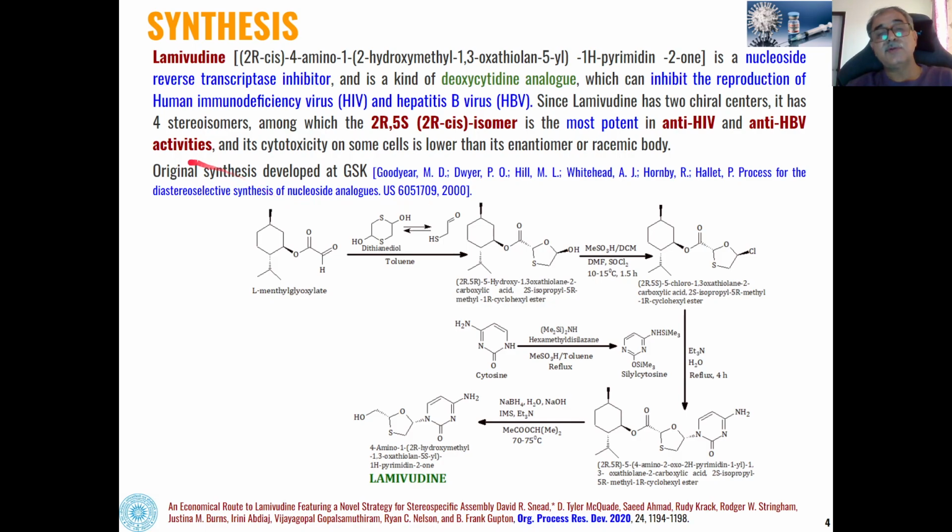As far as the original synthesis of lamivudine is concerned, this was developed at GSK Laboratories, and a patent was filed in 2000 by Goodyear et al. What they used as substrate is this compound, L-methyl glyoxylate, which is formed from glyoxylaldehyde and menthol.